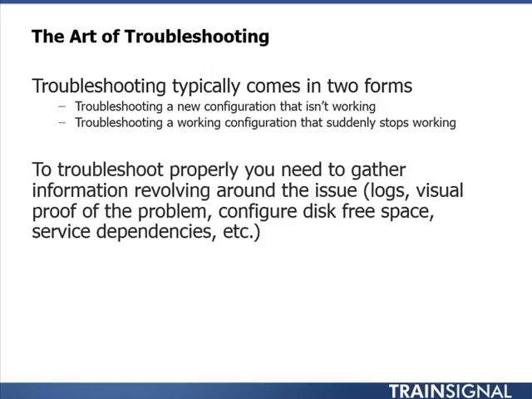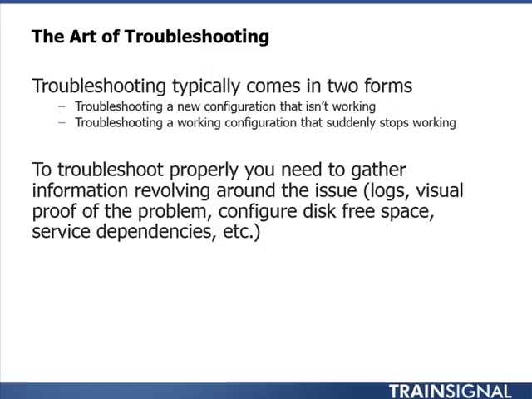To troubleshoot properly, you need to gather information revolving around the issue. So you want to look at the logs. Remember, there's diagnostic logging that you can enable and turn up, make more verbose, and there are event logs. So you have these two different areas that you can look to. Event logs will tell you information not just about Exchange, but also about the server operating system and other dependencies as well.